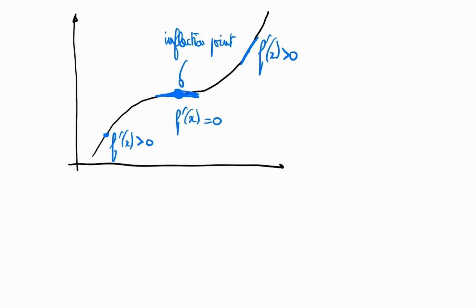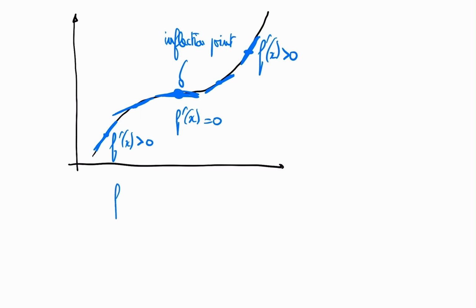Basically, the derivative is positive, but decreases up to that point. See, because the slope here is more than the slope here. And here the slope is less than the slope here. So the derivative decreases, arrives to 0, and then increases again.